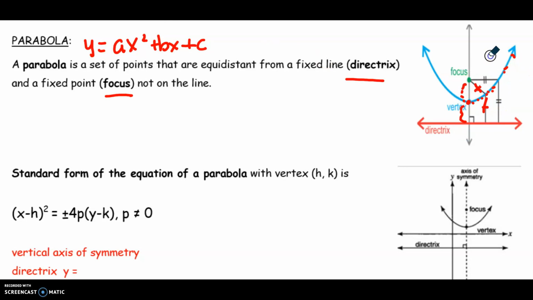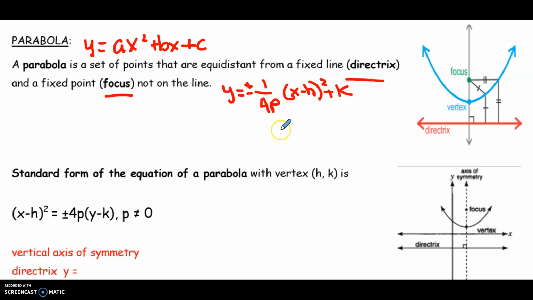So now the information that we get off of looking at a parabola in terms of focus and directrix, there's a p-value. You probably remember seeing this equation last year written to be y equals plus or minus 1 over 4p times (x minus h) squared plus k.